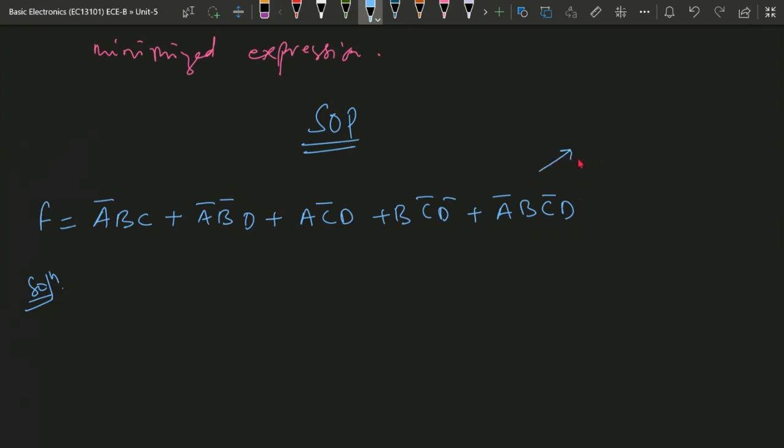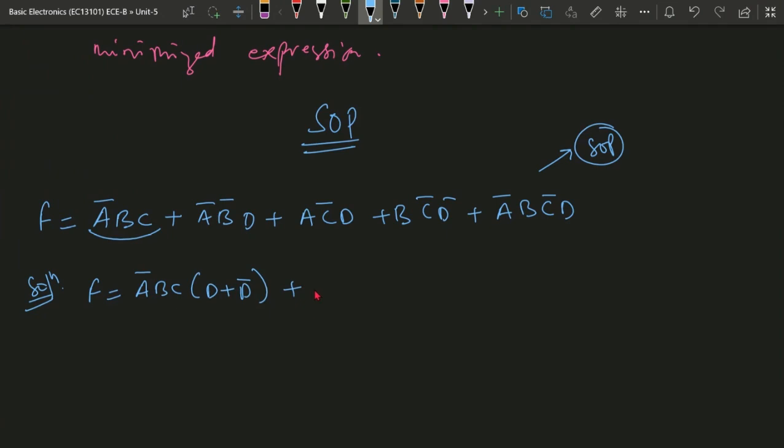This expression is in SOP format, sum of product, but it is not in canonical form. So the first step is to convert it into canonical form. For converting it into canonical form, we have to add the missing variable part here. A, B, C is there, D is missing because it is a four variable case. So here D is missing, so we will place A bar B C, and instead of D we will place D plus D bar.